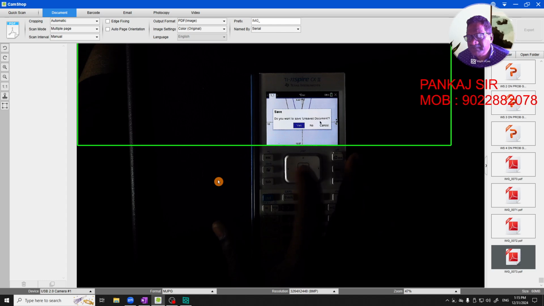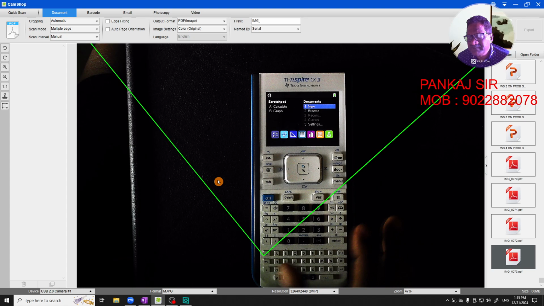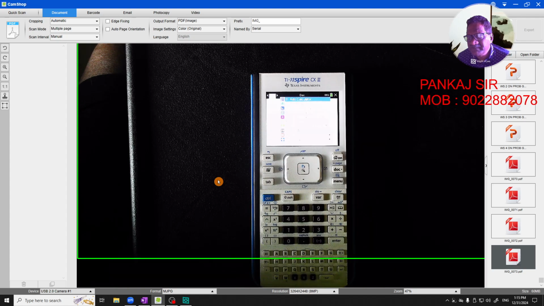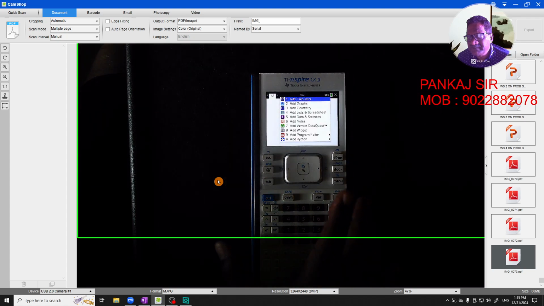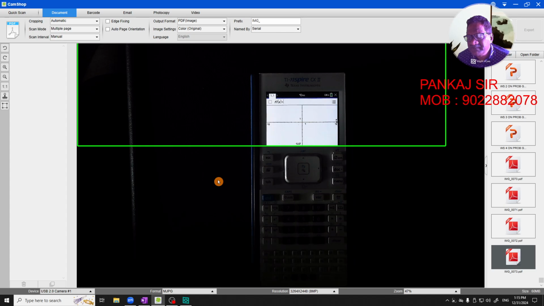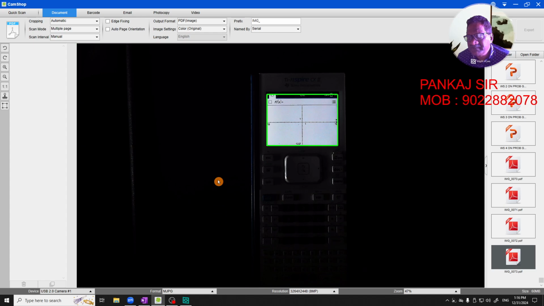Now I'll again do the same thing for root x. So I'll go to add graphs, select it. Now I will do square root of x, and the square root of x graph should be over here.